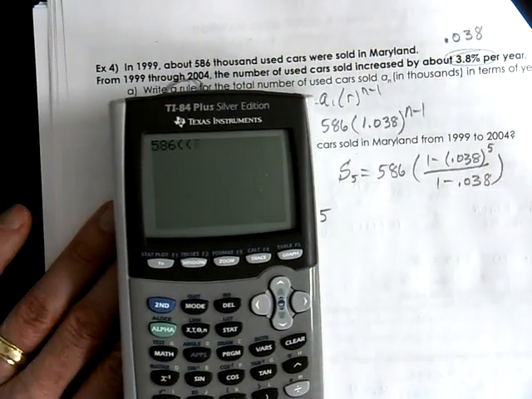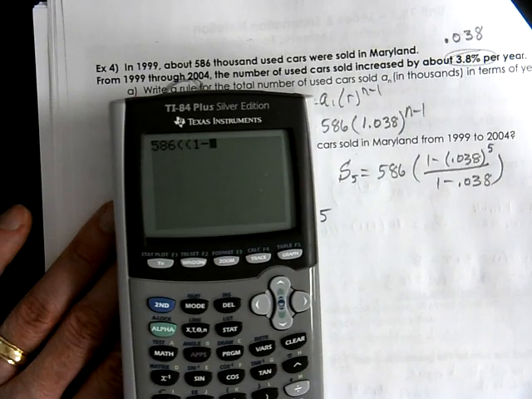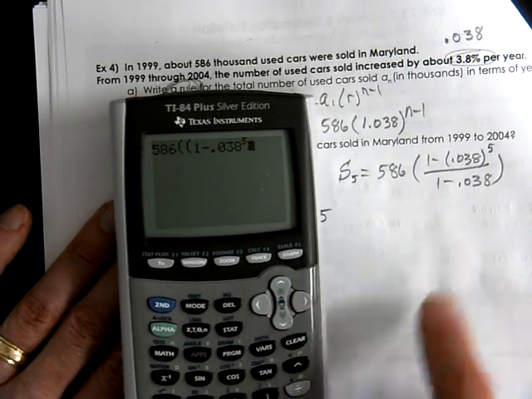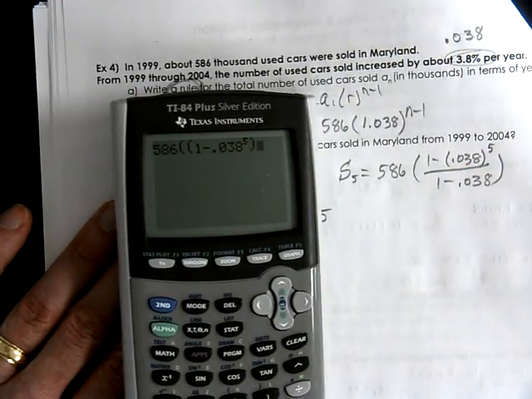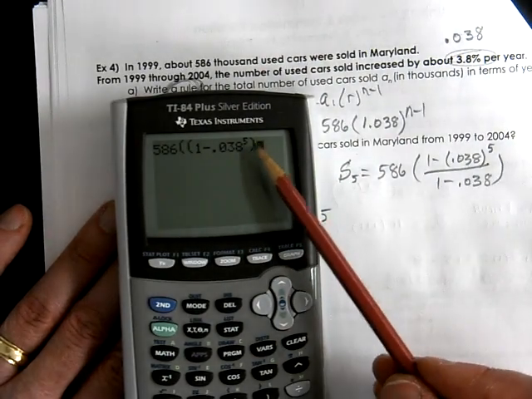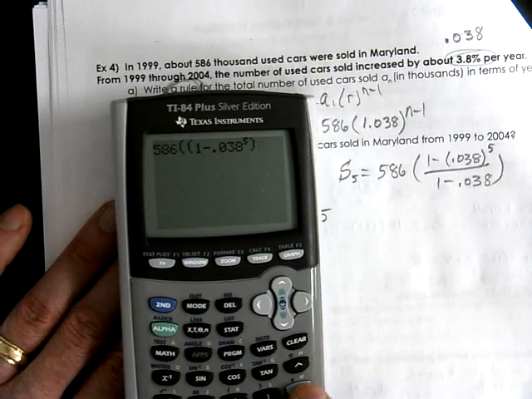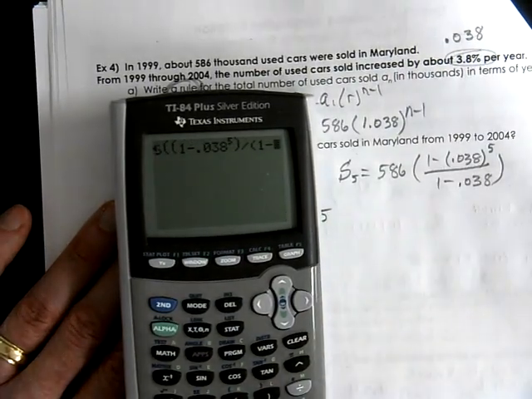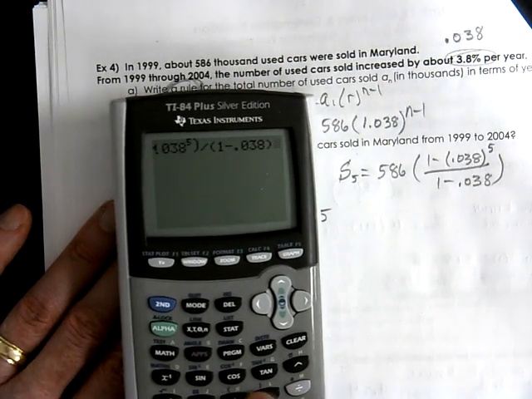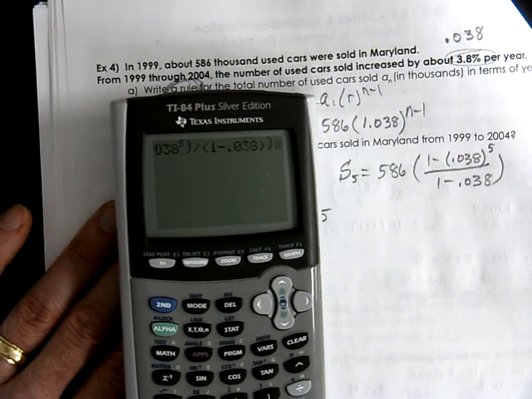Then you have a numerator, so you need another set of parentheses. 1 minus 0.038 to the power of 5. We don't have to have parentheses around that. You could if you wanted to. So then I close the parentheses around my numerator, and I divide that by 1 minus 0.038. I can close it off if I care to.